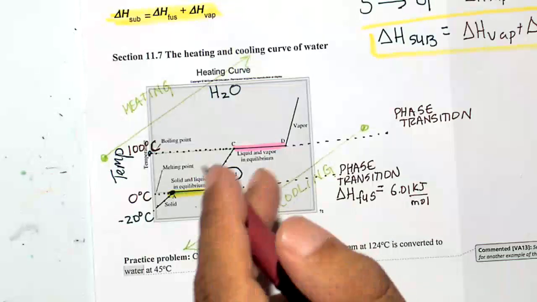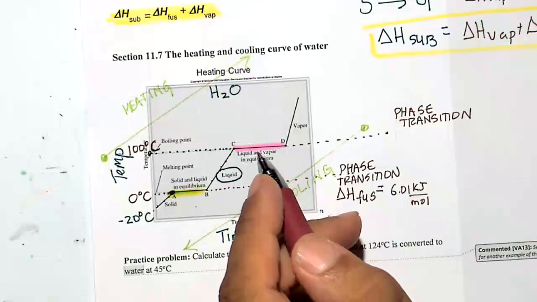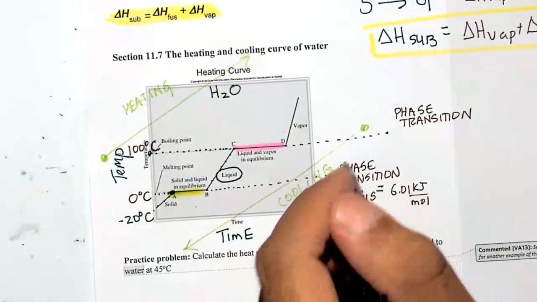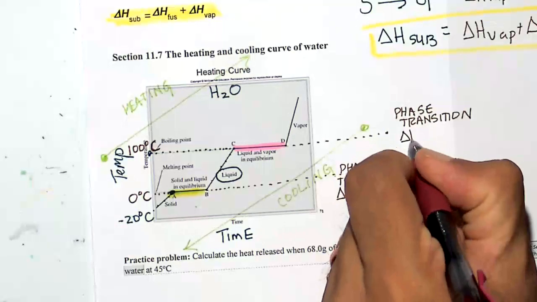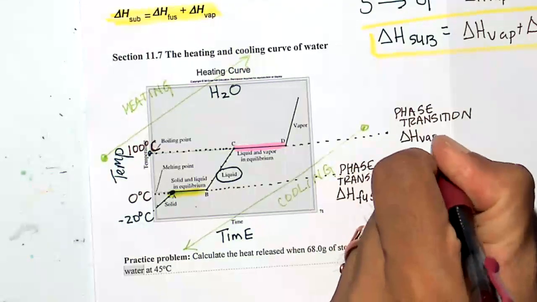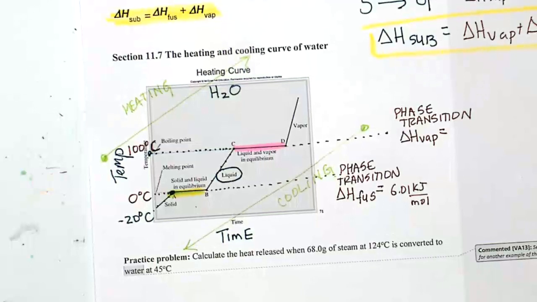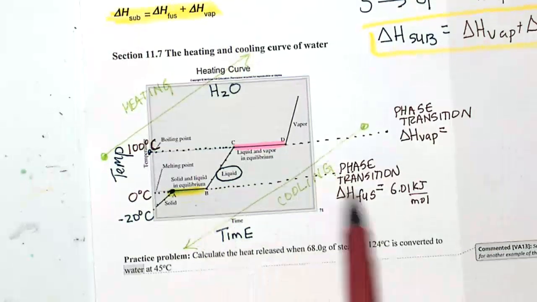What is that phase transition to overcome for water as we heat? What must water overcome? The delta H of vaporization. Okay, that's a phase transition.